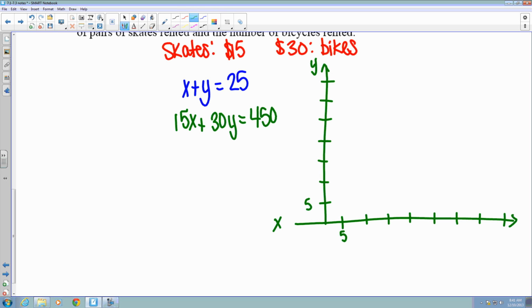Okay, so we need to get them both into slope-intercept form. It might actually even be better when we're using word problems to use the intercept method. So we just find the two intercepts. So this one, the x-intercept is 25, 0, and the y-intercept is 0, 25. It's actually going to be a lot easier.